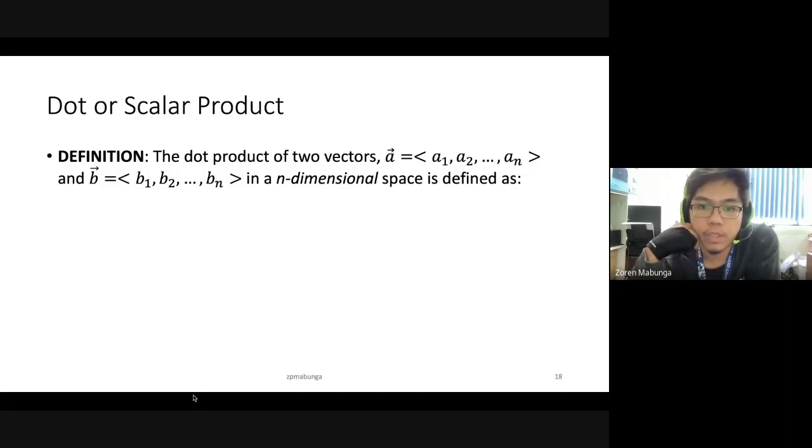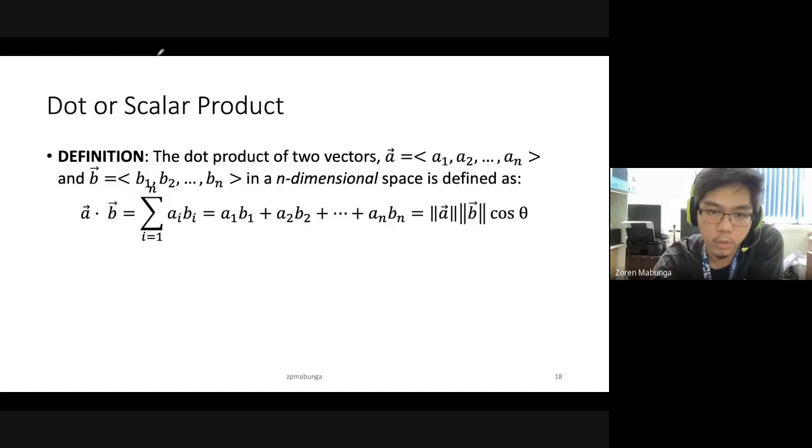So the dot product of two vectors, halimbawa si vector A and si vector B, in a n-dimensional space is defined as: summation from 1 to n of the product of A sub i and B sub i, which is equal to A1 B1 plus A2 B2 hanggang AN BN.